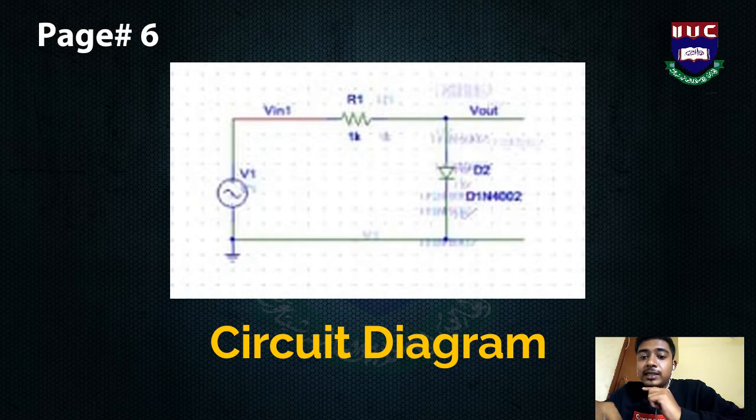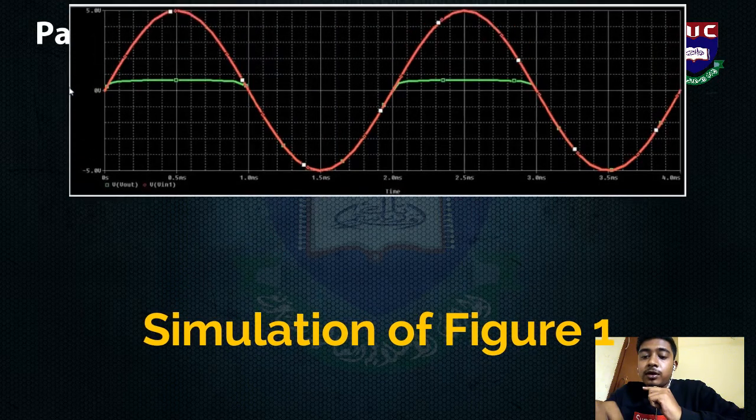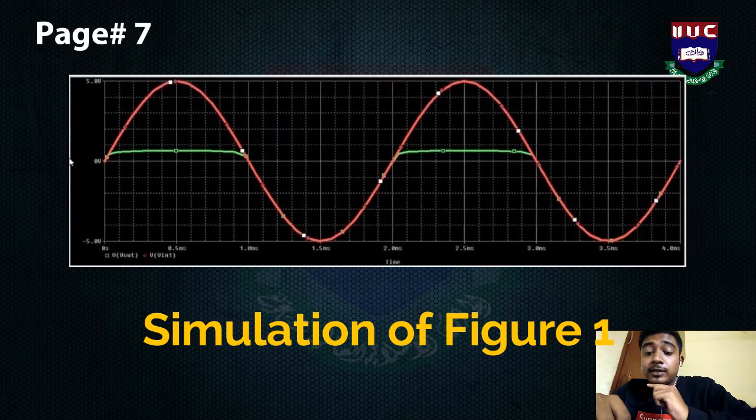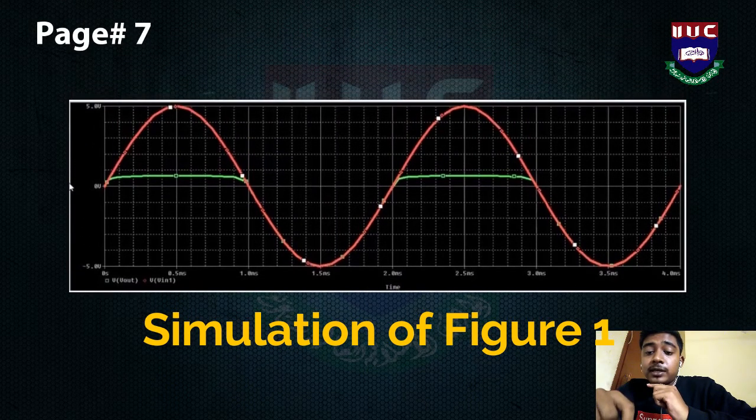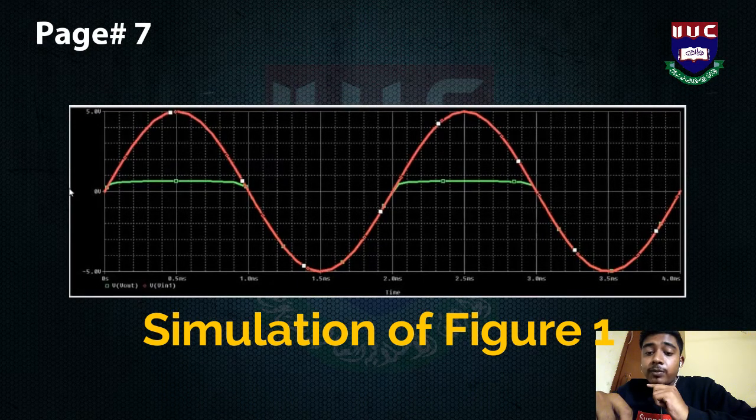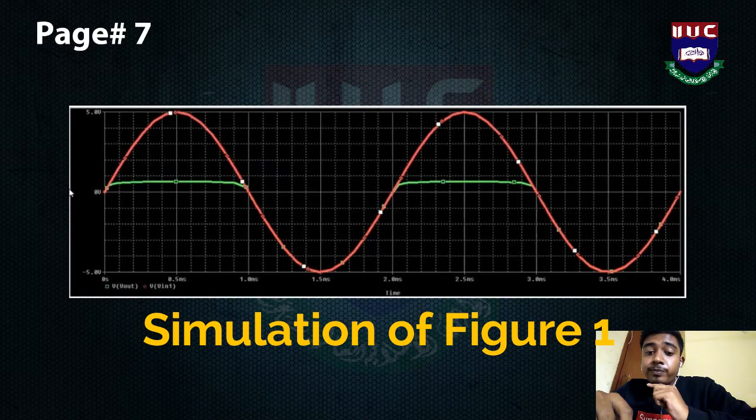If we set this circuit to the computer program, then we will get this. And here is the simulation of figure 1. If we connect the circuit diagram 1 with the oscilloscope, then we get this type of simulation.